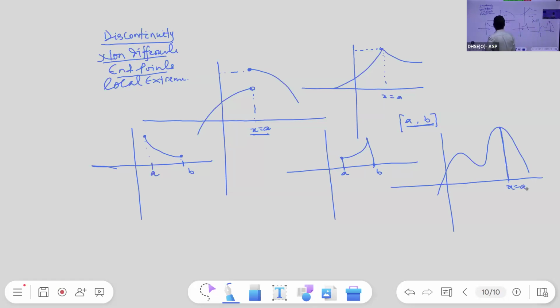So for the function we calculate at all these points: points of discontinuity, points of non-differentiability, endpoints of the domain, and local extremum points. At these points, we have to find the value of the function or the limiting value of the function. Then the greatest among these values is the global maximum value, and the least of these values is the global minimum value of the function.